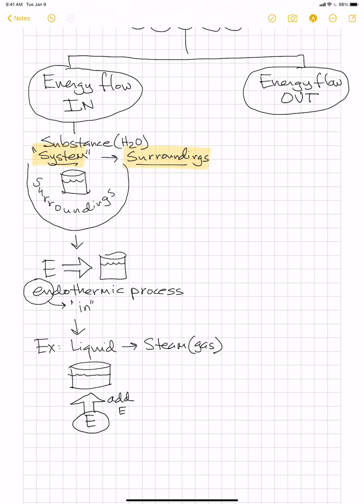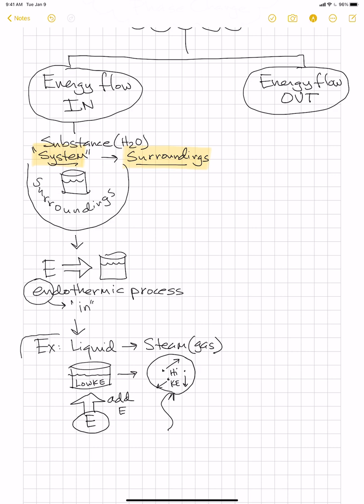Now, what that does is that takes the water molecules, which are at a fairly low kinetic energy, and gets them moving really fast, until they're moving so fast that they can become a gas. And this is high kinetic energy.